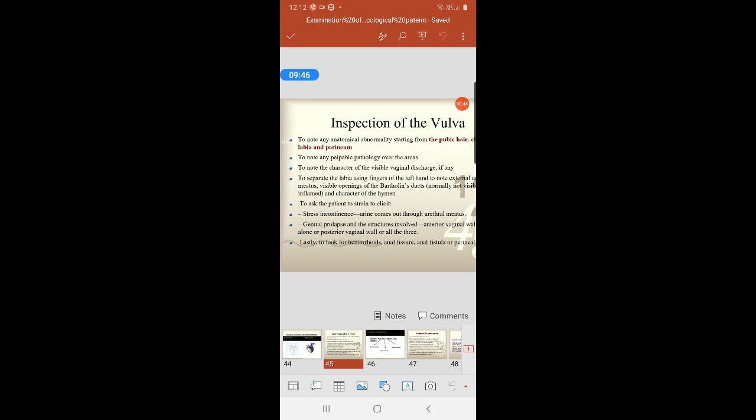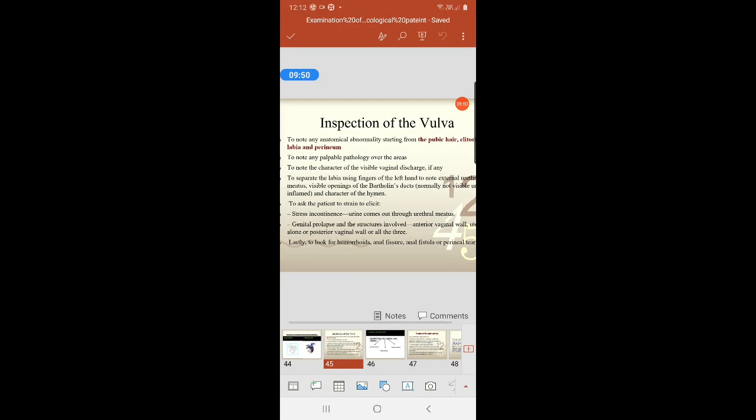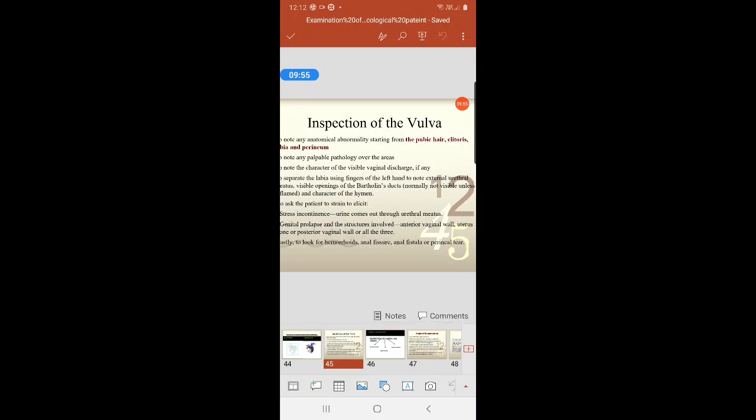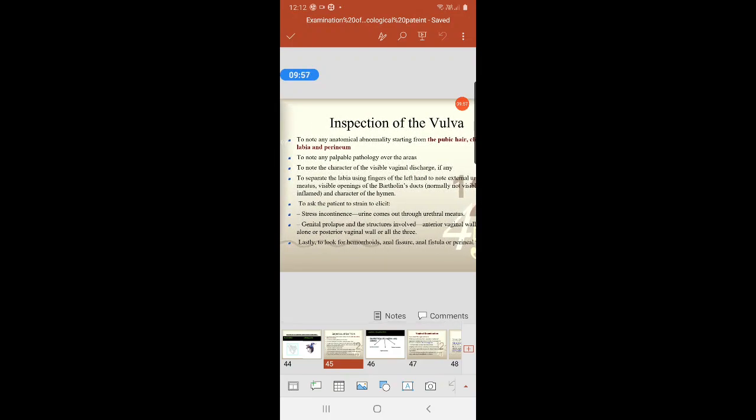You can ask the patient to strain to elicit stress incontinence. In case of stress incontinence, urine comes out through the urethral meatus. If she coughs or strains and the urine comes out through the external meatus, it indicates she is suffering from stress incontinence. Then genital prolapse and the structures involved.